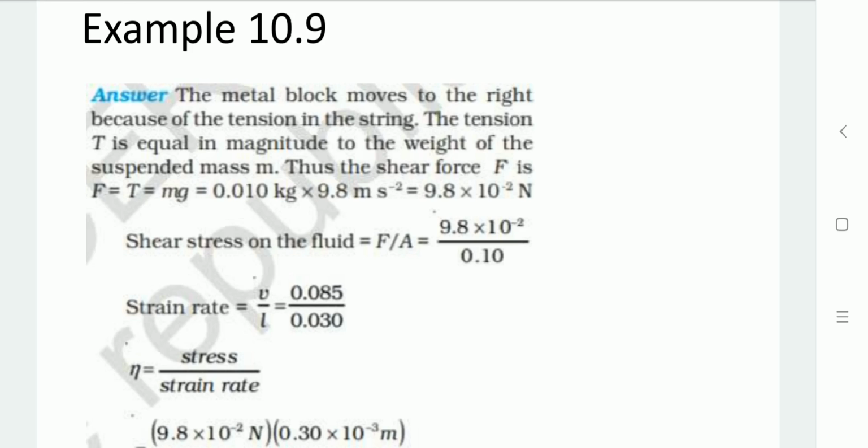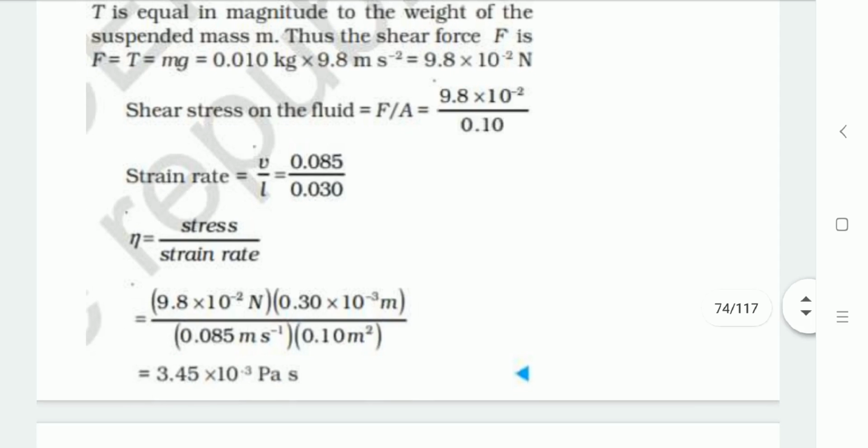By equating all the values of F, A, V and L, we get the coefficient of viscosity eta equal to F into L divided by V into A. And eta we get as 3.45 into 10 raised to minus 3 Pascal second.